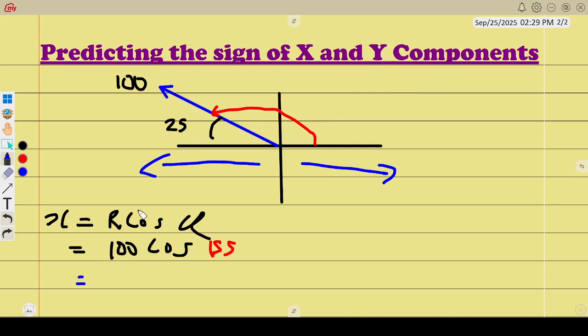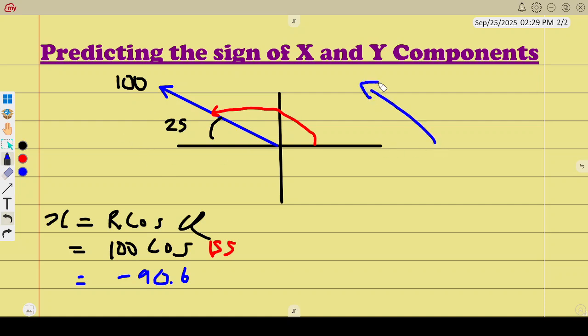So in such a case, you plug in 100 cos 155. We have negative 90.6. This is the x component. You can see it is negative because it is going to the left. And what about the y component? For the y-axis, it's going up.